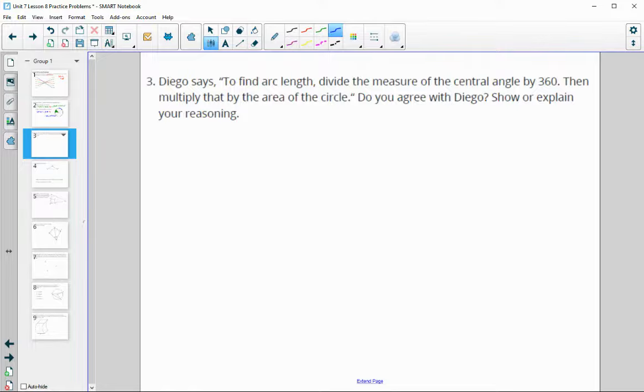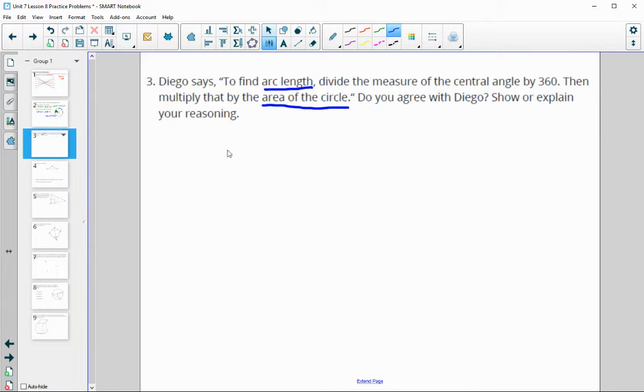Number 3, Diego says to find the arc length, divide the measure of the central angle by 360, then multiply by the area of the circle. Do you agree? Show or explain your reasoning. Arc length is part of the circumference, not the area. So we wouldn't want a portion of the total area. We would want a portion of the circumference.